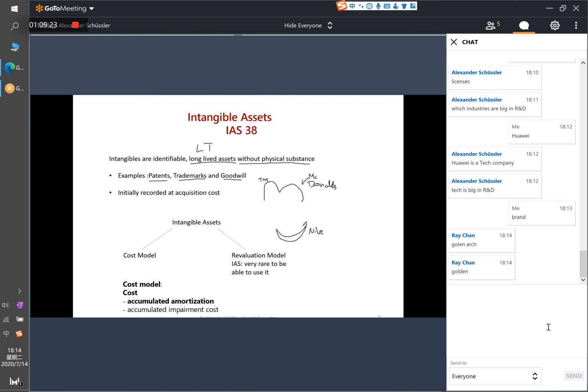My drawing is very bad, but this is also a trademark. Trademark means you are not allowed to use it. It's only allowed for Nike to use this. What is it called? Swoosh or whatever.